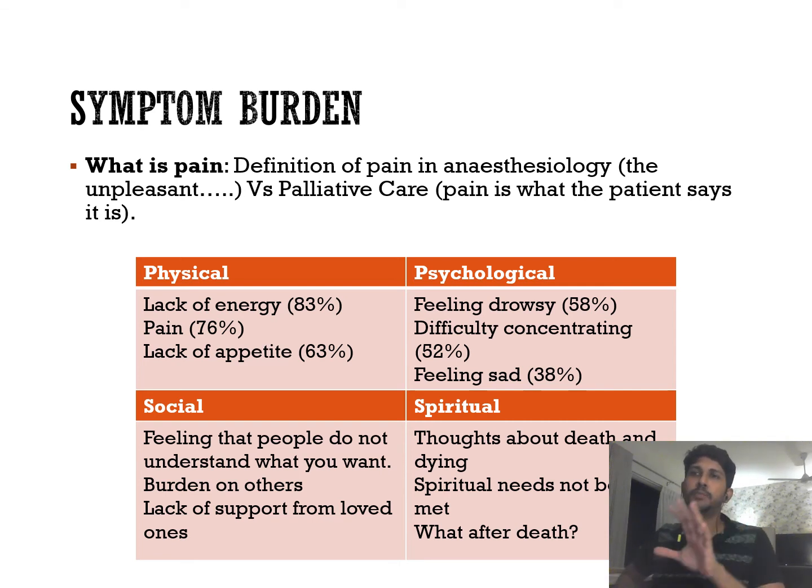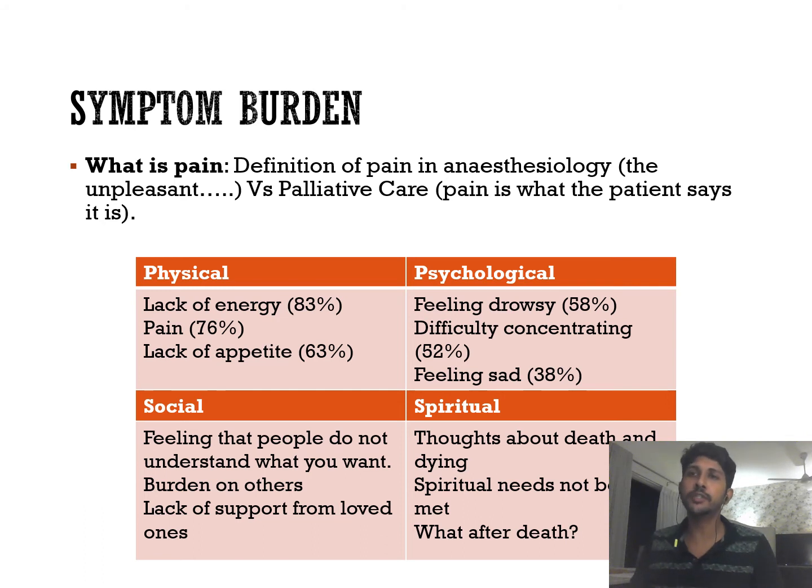So in these boxes, you can see how prevalent are these symptoms among patients with life-limiting illnesses. The physical symptoms that are among the commonest are lack of energy, pain, and lack of appetite. Psychological symptoms being feeling drowsy, difficulty concentrating, feeling sad.